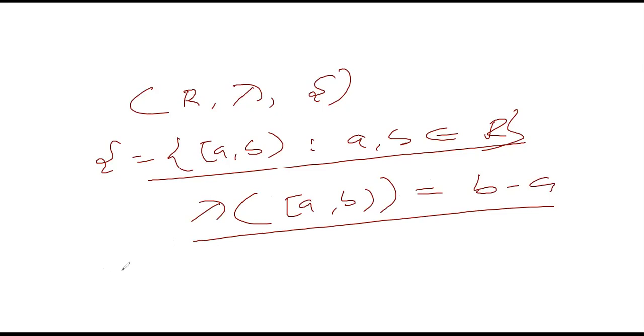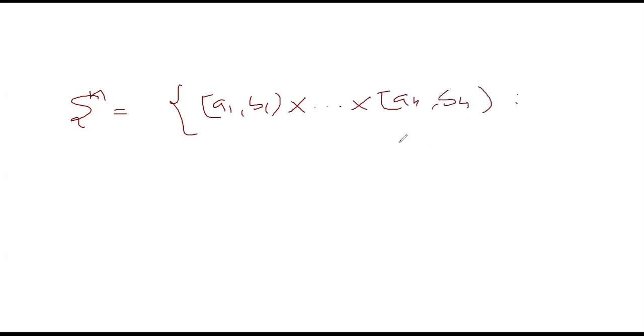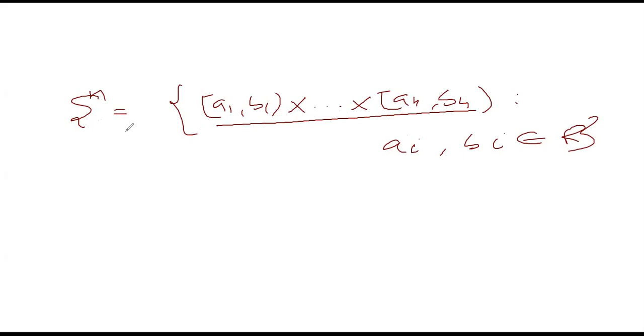We'll show that R^n with the Lebesgue measure lambda_n and the semiring S_n is a measure space. Here S_n is the n-dimensional collection: the Cartesian product of n semi-closed intervals, where these a_i and b_i are in R. This Cartesian product is a subset of R^n, so this is a collection of subsets of R^n, and this collection is a semiring. This is already done actually.